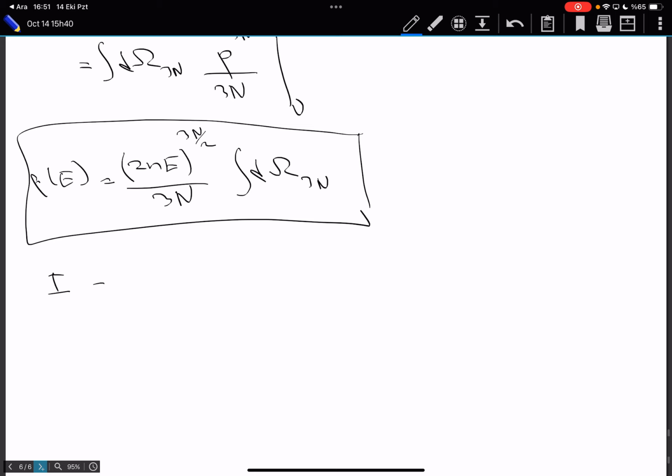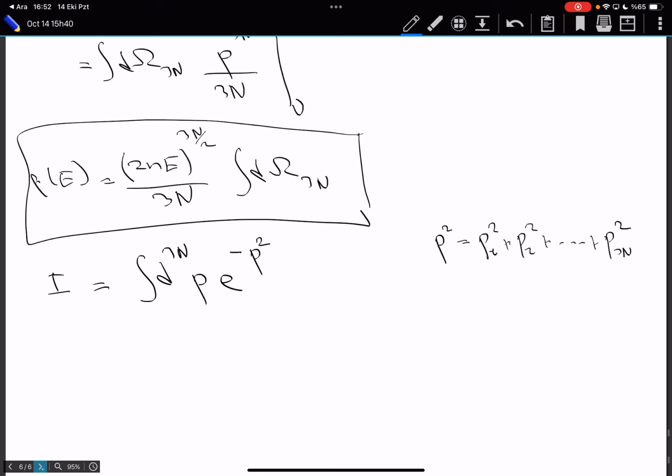So let me look at this integral. Here p squared is p1 squared plus p2 squared plus up to p3n squared. I'm just taking into account the components.